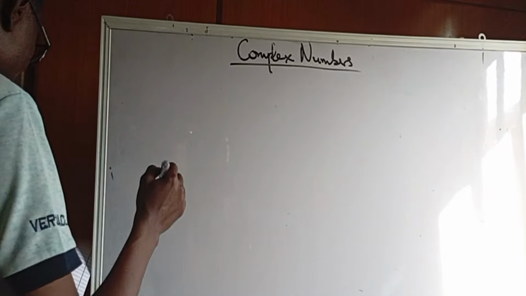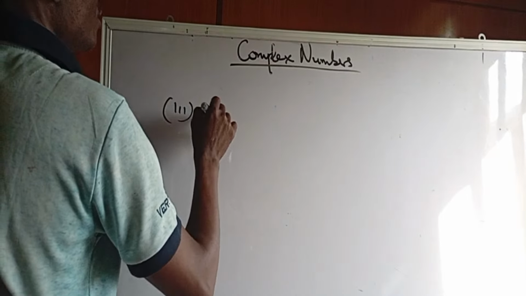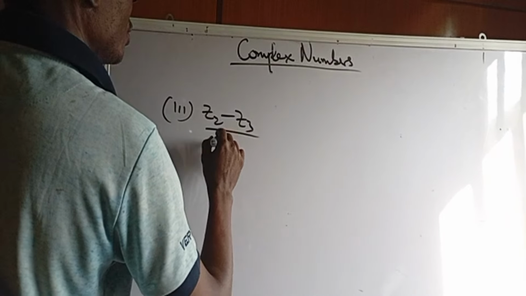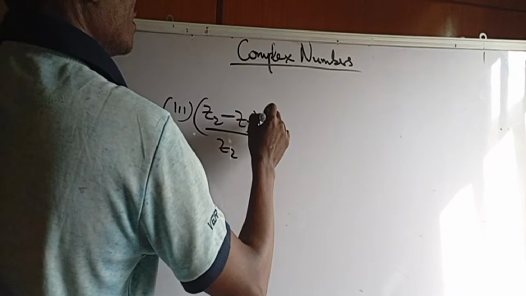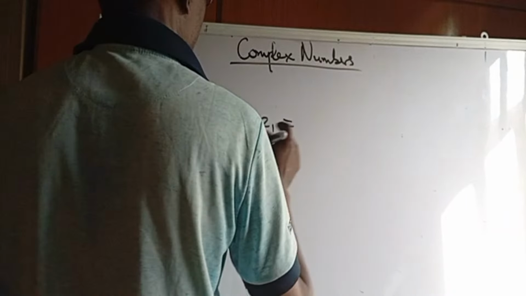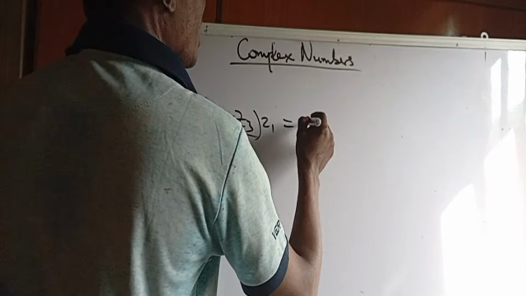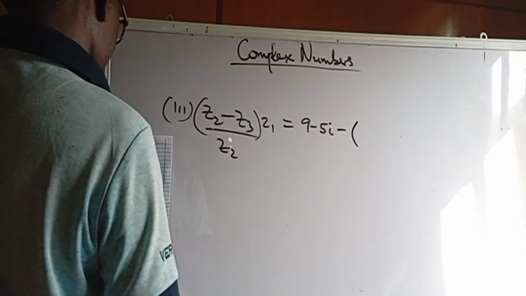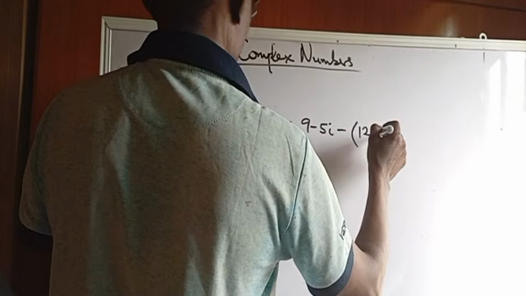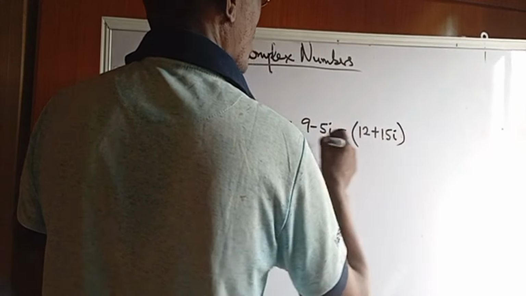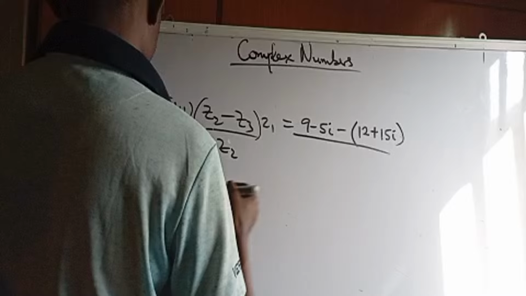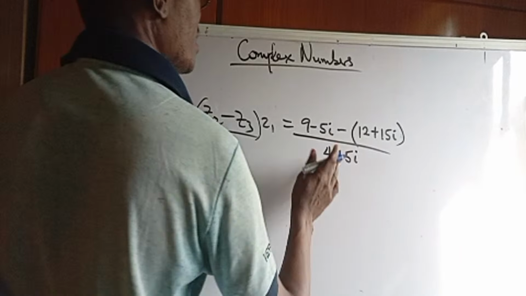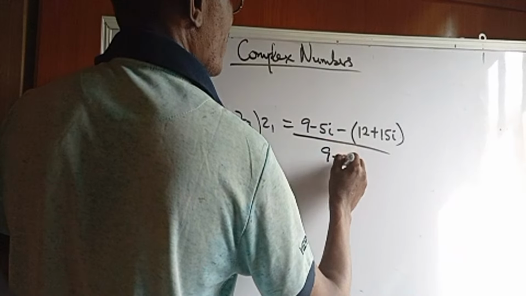Now we want to evaluate Z2 minus Z3 all over Z2 multiplied by Z1. And so we have Z2, which was given as 9 minus 5i, then minus, let's open up the bracket, Z3, which is given as 12 plus 15i, then everything all over Z2 again, that's 9 minus 5i.